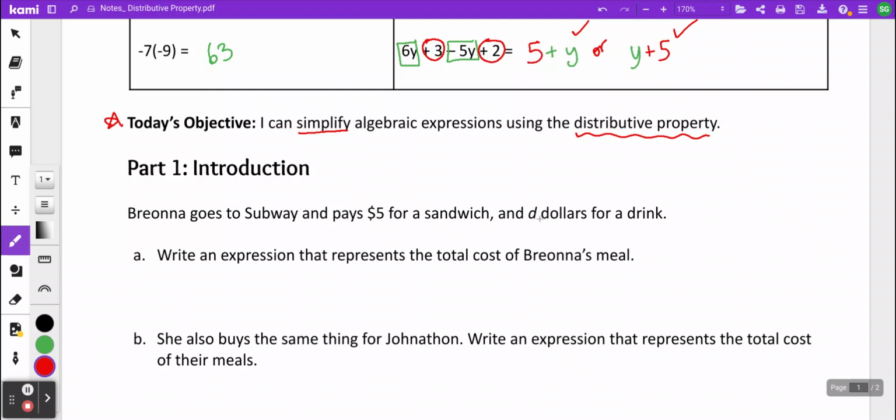That variable right there tells me I don't know how much money she's paying for the drink. Right now, I just want you to focus on part A. It says write an expression that represents the total cost of Brianna's meal. Go ahead, pause this video and see if you can come up with what our expression could look like.